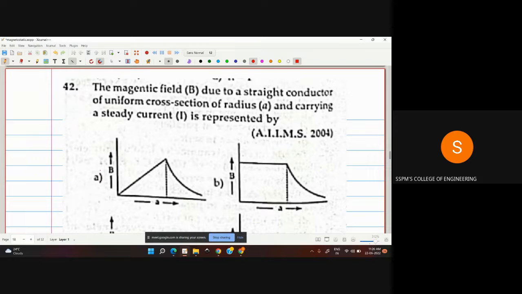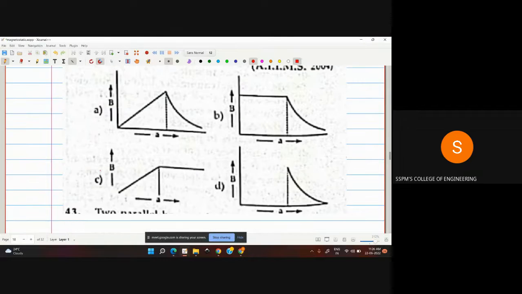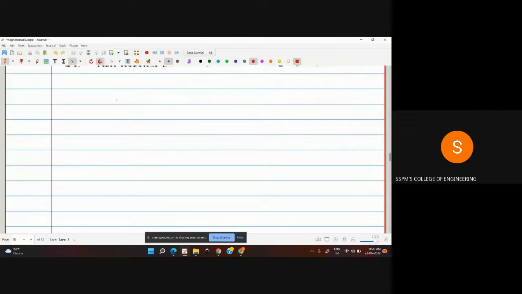The magnetic field B due to a straight conductor of uniform cross section of radius A and carrying steady current I is represented by. Now a straight wire is given, suppose here, its radius is A. A is the radius of the wire. So what is the magnetic field at point P, where P is located at distance R?